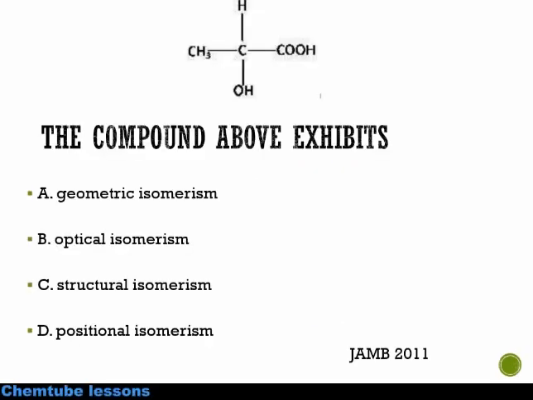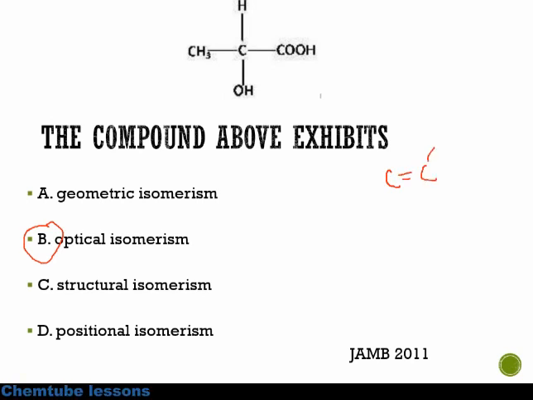The compound above exhibits, so for this question the answer is B, optical isomerism. Before I look at why, let's explain the different types of isomerism you have in the options. So we have geometric isomerism. Take note, geometric isomerism usually occurs in compounds that have a double bond.